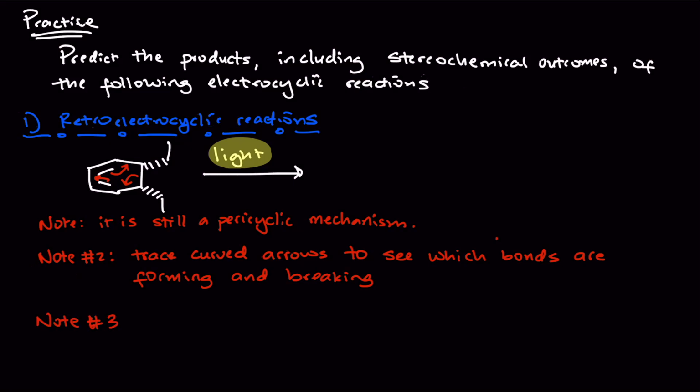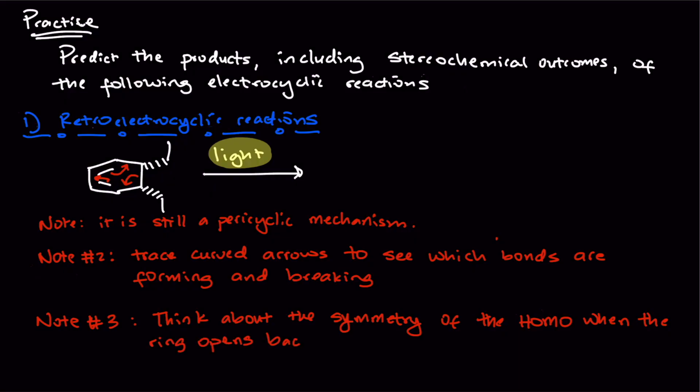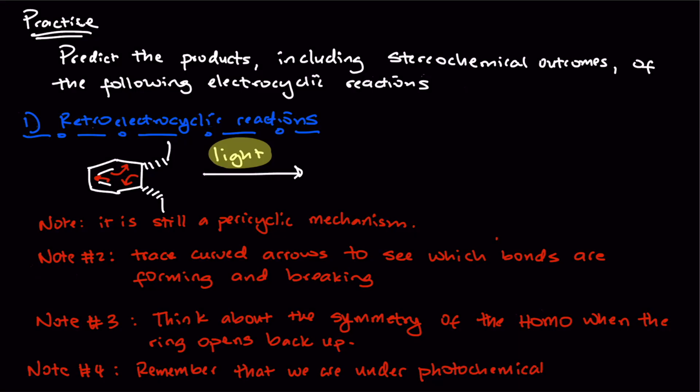You also want to think about the symmetry of the HOMO orbital when the ring opens up. When the ring opens up, it will end up becoming a 6 pi electron system. So you want to think about what that symmetry looks like, and that's going to help you to understand how the substituents are going to twist in order to form the product. So try that out.